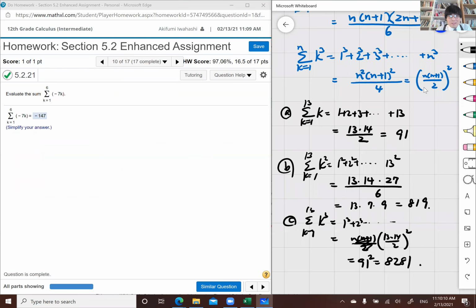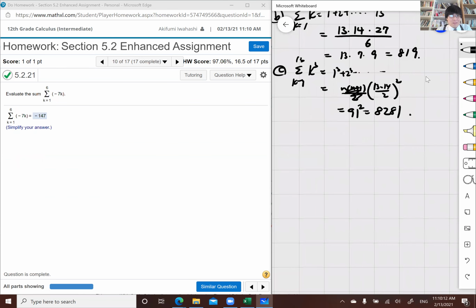Now the next one is quite simple because you only have 6 terms, so you can do it by just simply adding those terms. But if you apply some properties of the sigma, you can apply the formula we just used in the previous question.